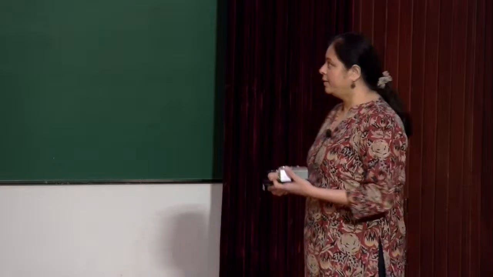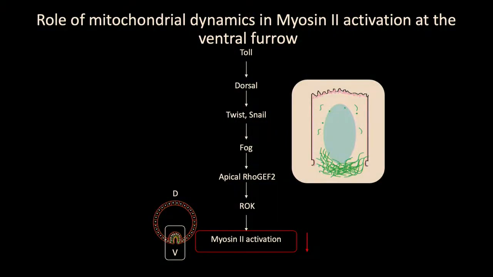One of the proteins which I have studied for many years is called DRP, dynamin related protein. When we remove DRP from these embryos, mitochondria, which are usually small dot-like structures, are now present in a filamentous conformation and they cannot move anymore. They become very bulky for the motors to carry them, so they get stuck in one particular place.